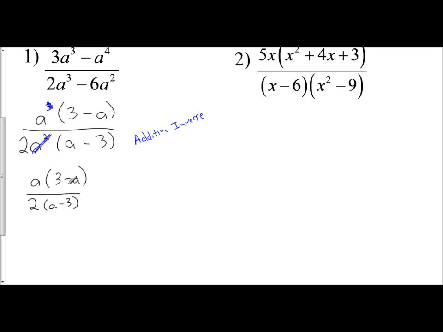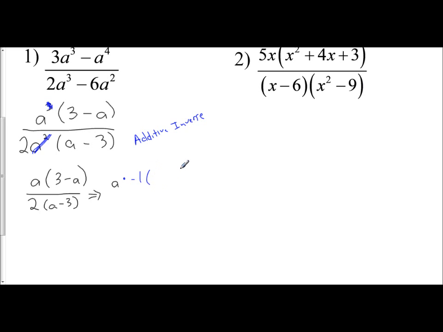To switch the order of this 3 and a so it can match down here, I can factor out a negative 1. And so really, this a stays on top, but I'm factoring out a negative 1 from these two terms, so multiplied by a negative 1.